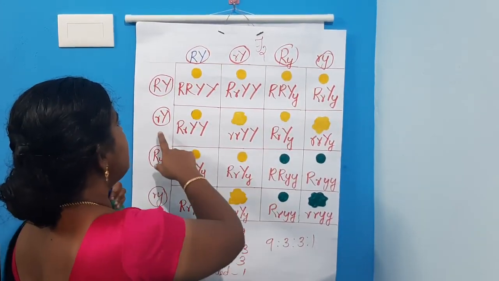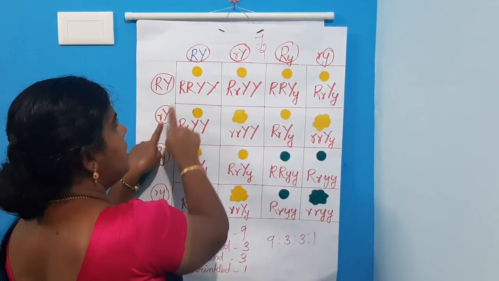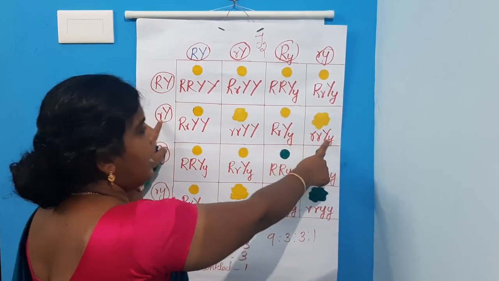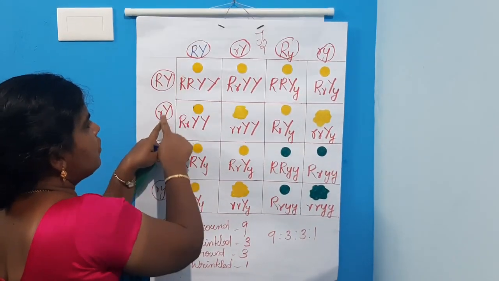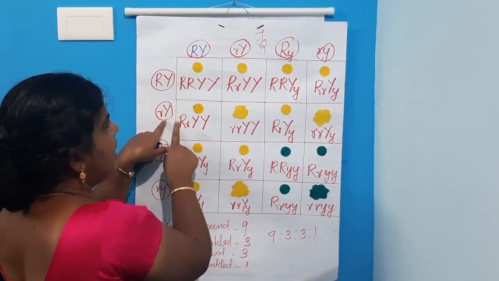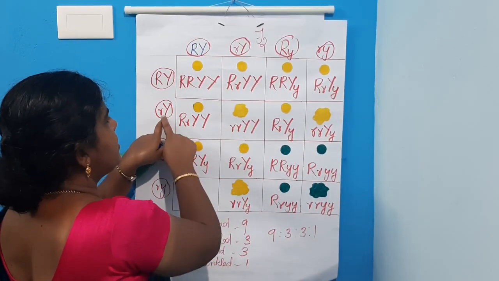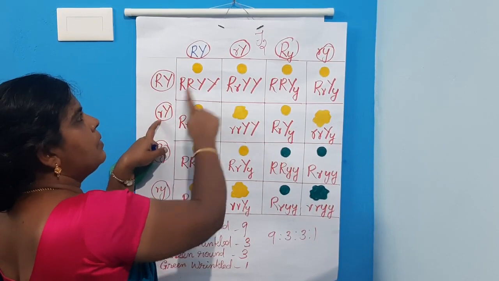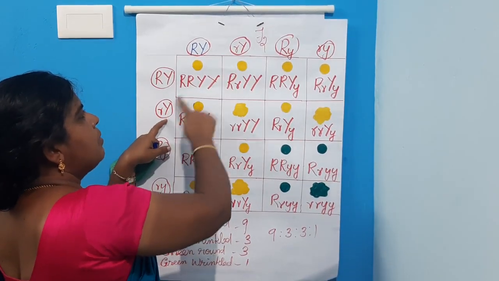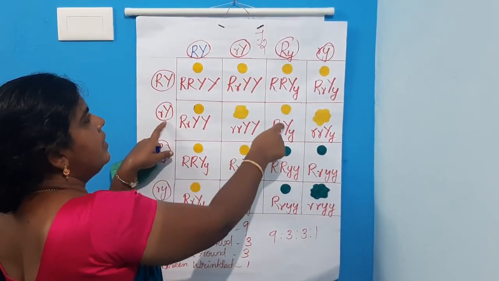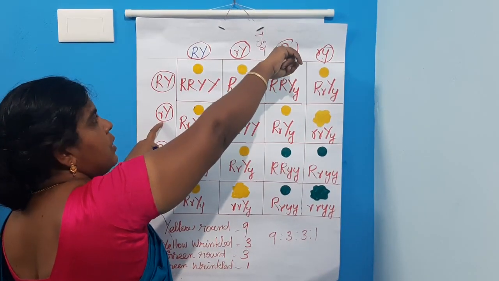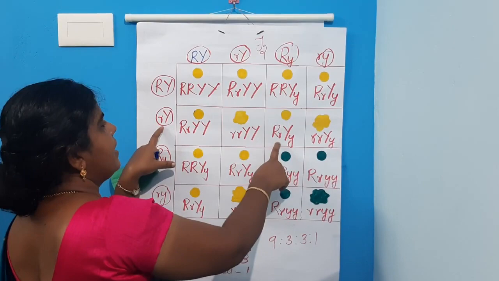Then here this gamete fuses with that gamete and forms their respective hybrid. Okay, so here also these gametes fuse with all the gametes and write down the hybrids here. Capital R, small r, capital Y, capital Y. Then second, this hybrid is written as small r, small r, capital Y, capital Y. Then fusion of these two gametes results in the formation of this hybrid.